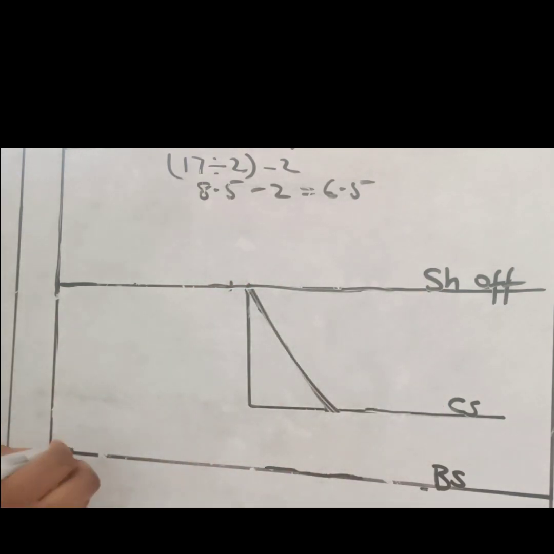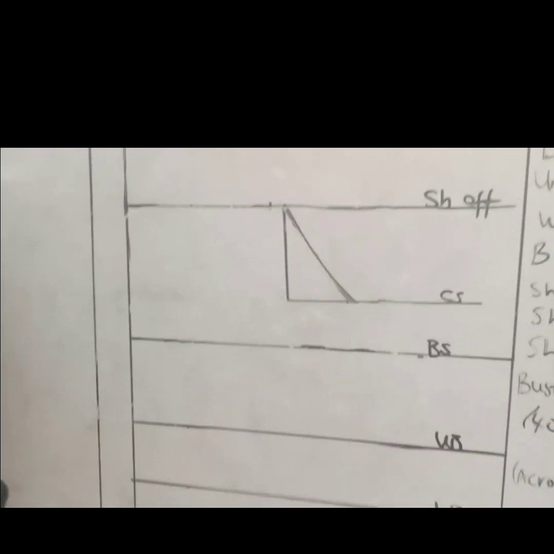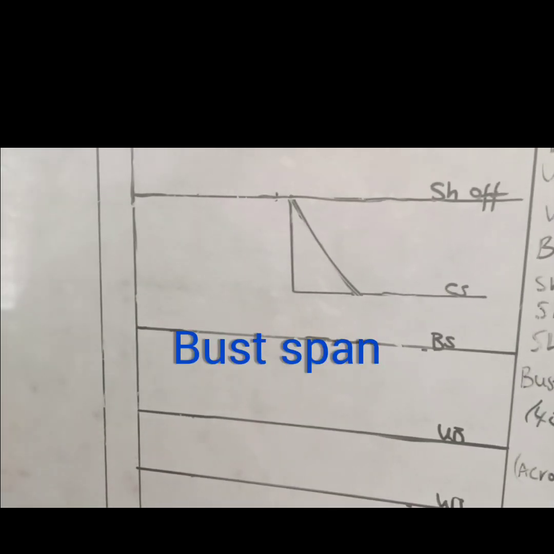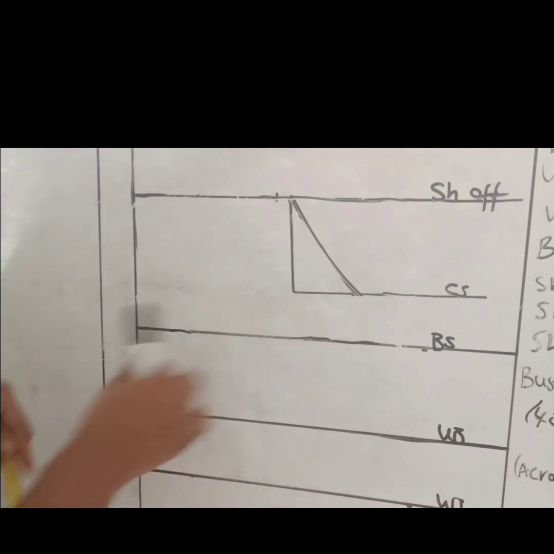So the next thing I'm going to be marking on is the bust point measurement. We are using 4.5 because we have added the allowance. Bust point is 8. 8 divided by 2 is 4. Plus 0.5 inch allowance is 4.5.